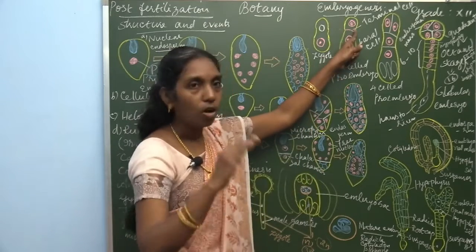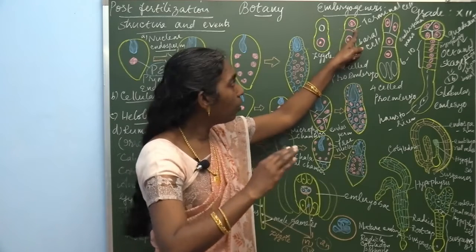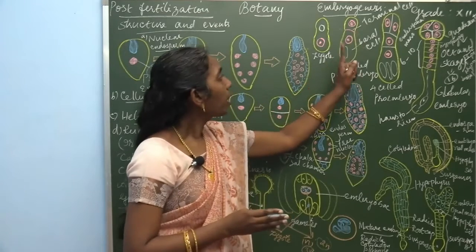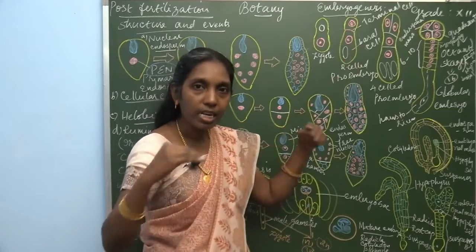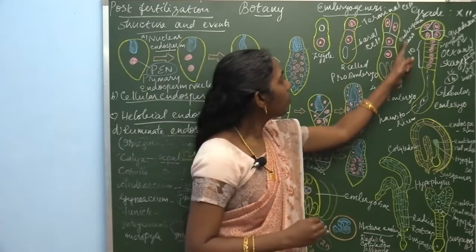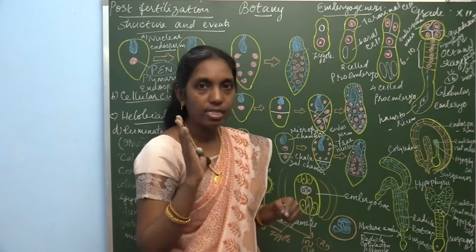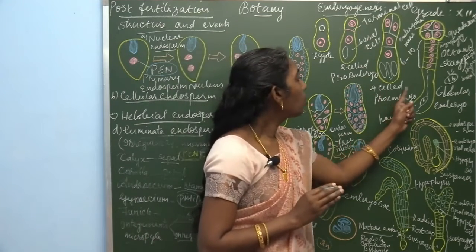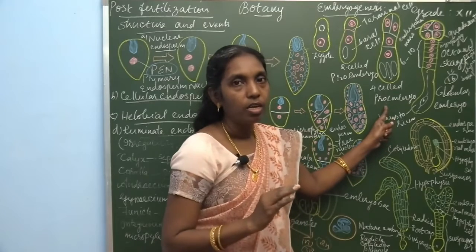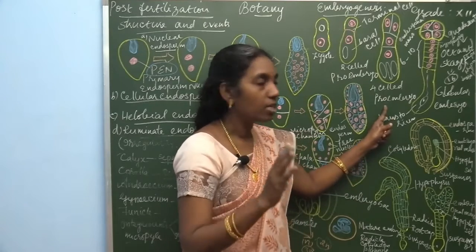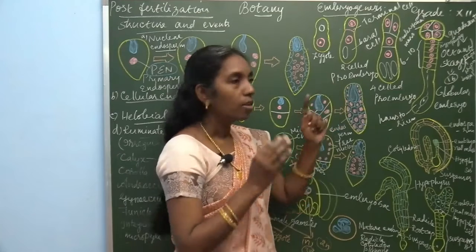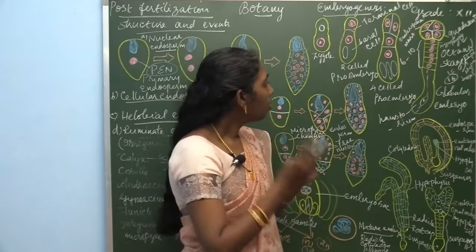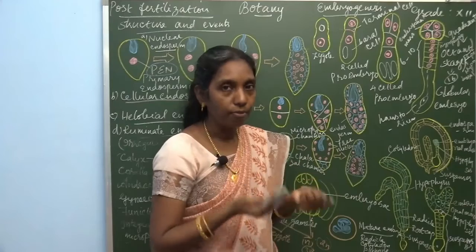The terminal cell undergoes vertical division and the basal cell undergoes transverse division. This produces four different cells. This stage is called the four-celled proembryo. First the proembryo is two-celled, now it becomes four-celled.